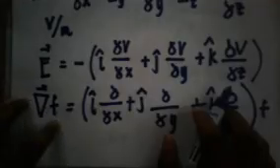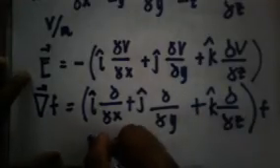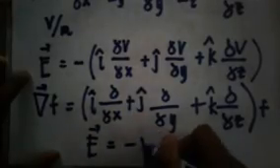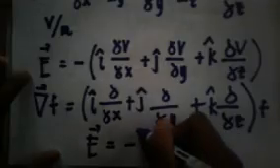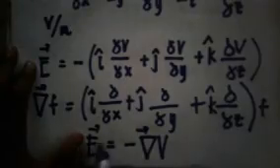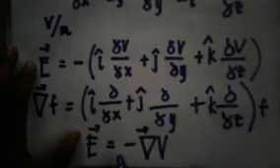Thus the vector notation is electric field is equal to the negative of the gradient of V. We can read this as E, or electric field, equals the negative gradient of V, and the quantity gradient of V is called the potential gradient.